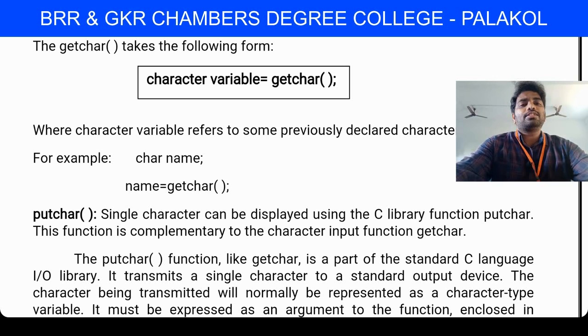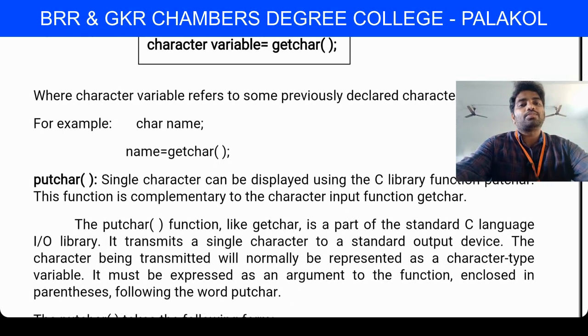It transmits a single character to the standard output device. The character being transmitted will normally be represented as a character type variable. It must be expressed as an argument to the function, enclosed in the parentheses following the word putchar.